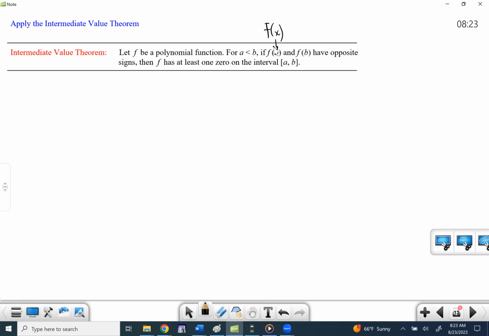That tells me that a and b have to be x values. So I'm going to draw, and I'll just do it in quadrants over here, the positive x-axis side, so it's a little bit easier for us to digest. Now I placed it so that a is less than b because that's what it says right here. And I know that they're x values, so I placed them along the x-axis.